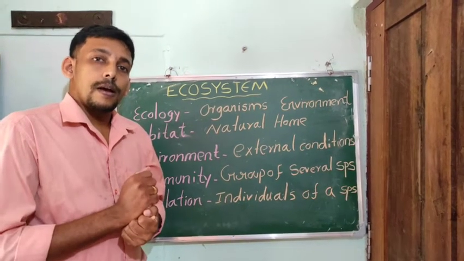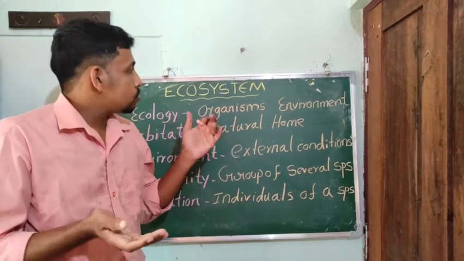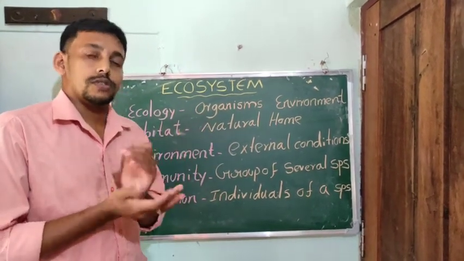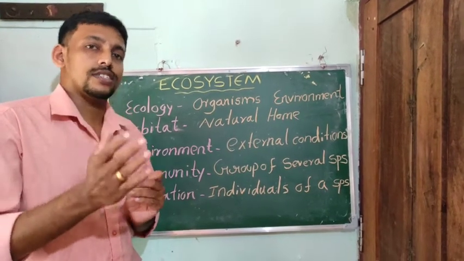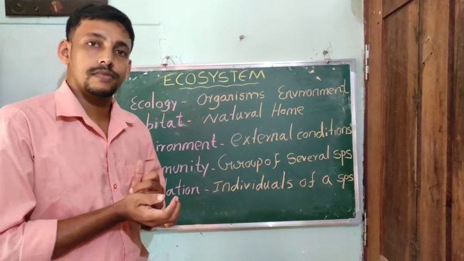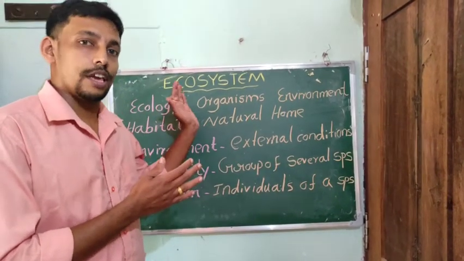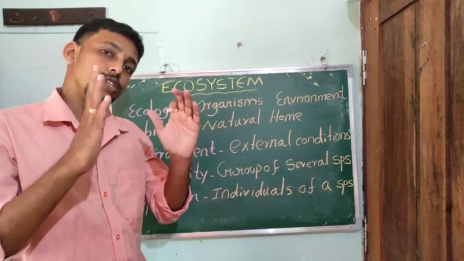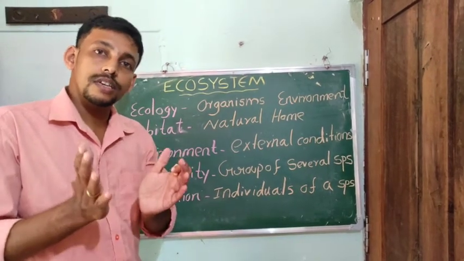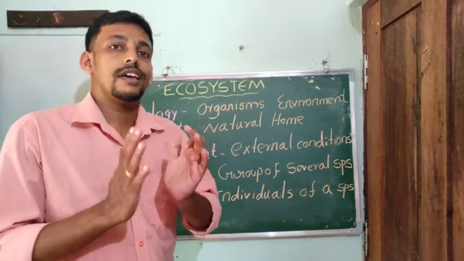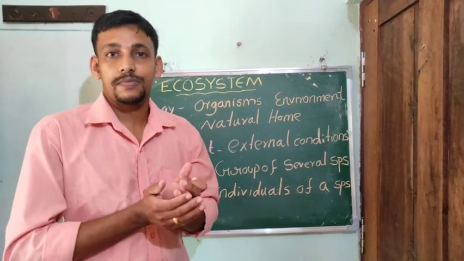So before going into the characters and the components of the ecosystem, we must understand some of the terms related with our chapter, that is what? Ecosystem. So ecosystem is a unit in which there is interaction between organisms and their environment.